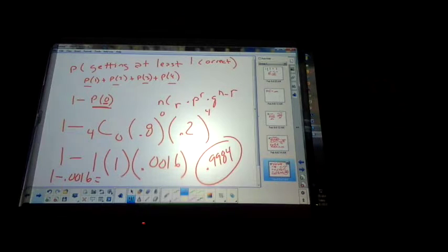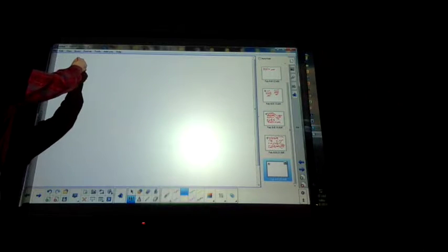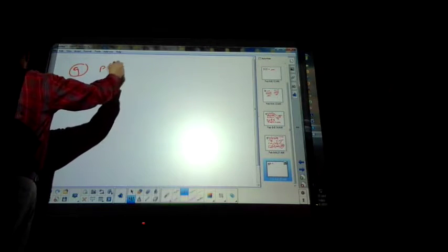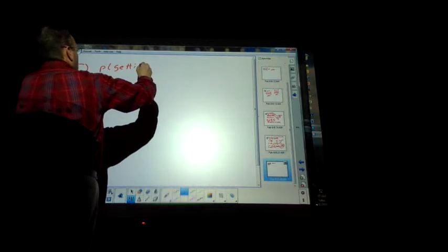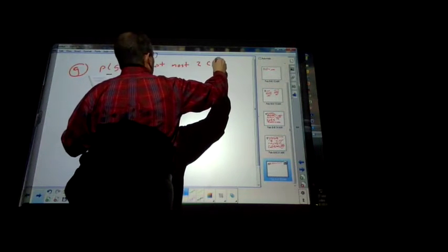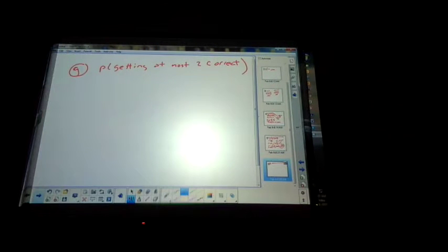All right, so that was letter F, getting at least one correct. Okay, letter G. We want to know the probability of getting at most 2 correct. All right, English grammar folk, what does at most mean?